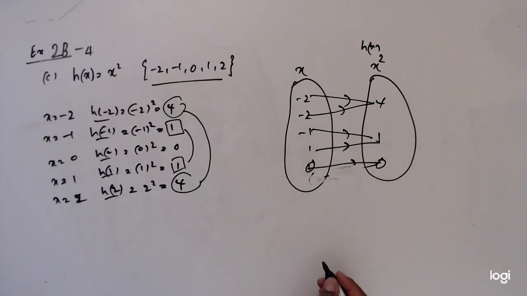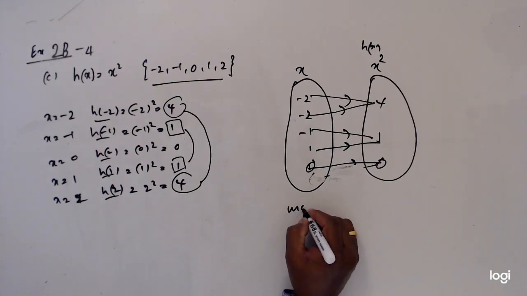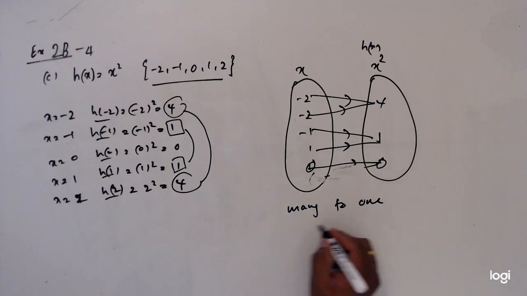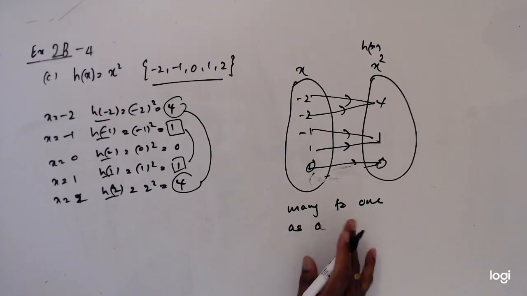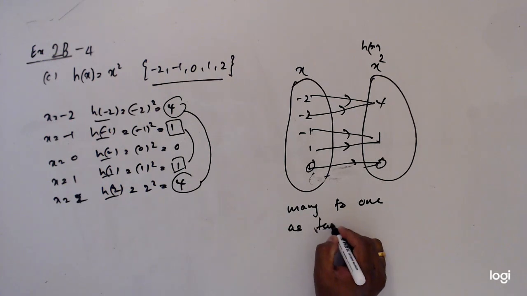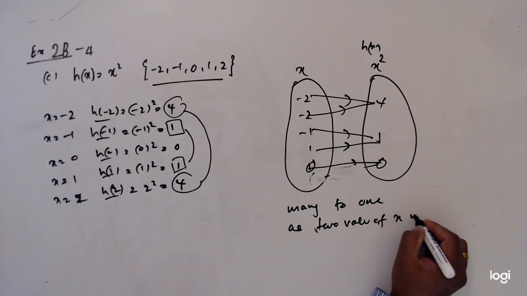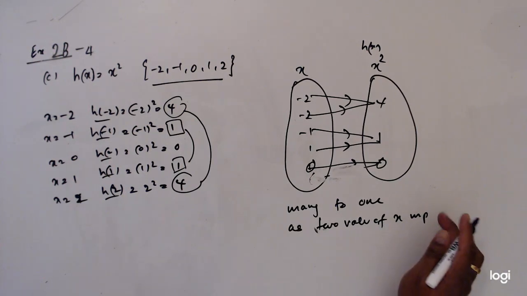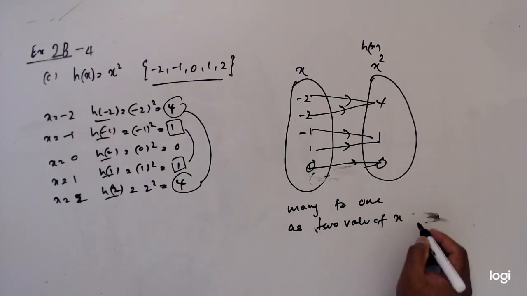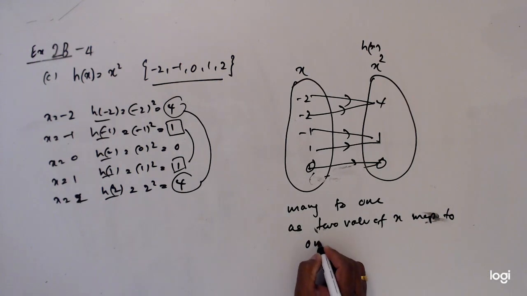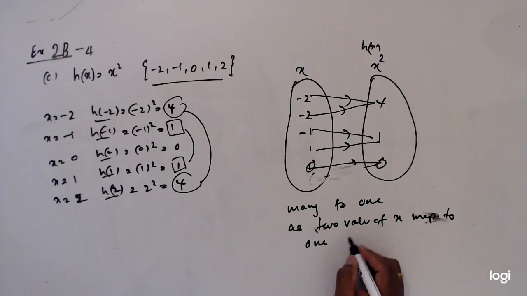So the function is many to 1, as two values of x map to one value of y.